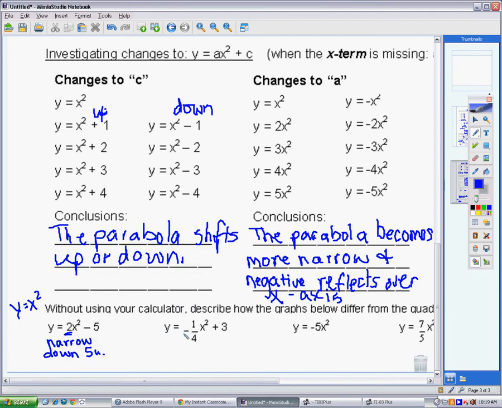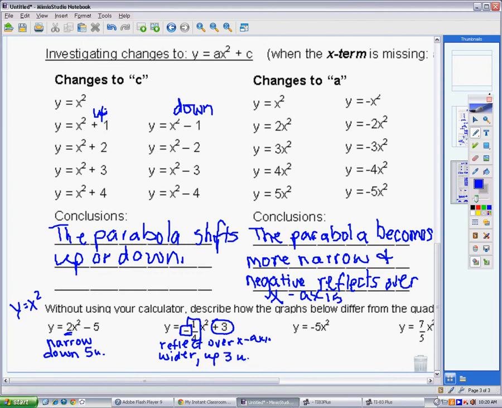Okay, y equals negative 1/4 x squared plus 3. Well, we know if we change the negative, that's going to make it reflect. So it's going to reflect over the x-axis. That 1/4 we looked at, that made it wider. And that plus 3, well, that makes it go up 3 units.